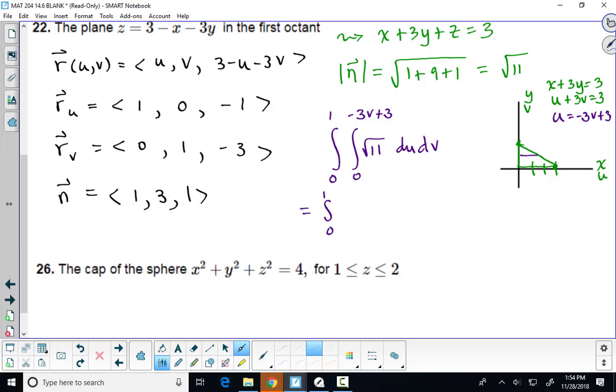And then we just have a pretty simple integral. Integrate 0 to 1. In here, we have root 11. Actually, let's just pull that to the front since it's a constant. There is no u, so we get the length of the interval, minus 3v plus 3, dv. Make sure that is a v, not a u. Integrate that with respect to v, plug in the limits, we get the area of that patch of plane.